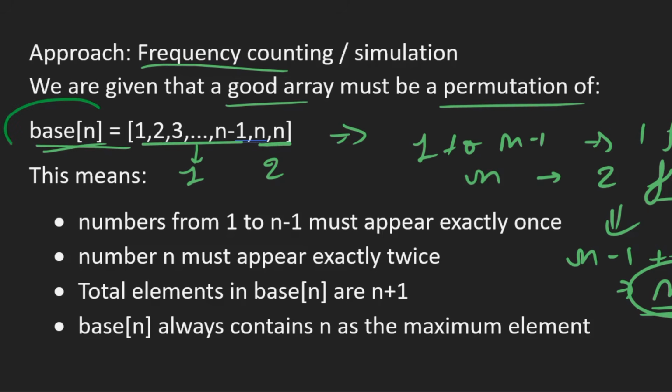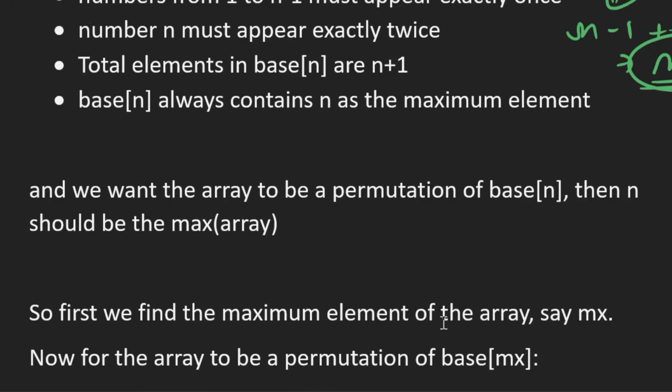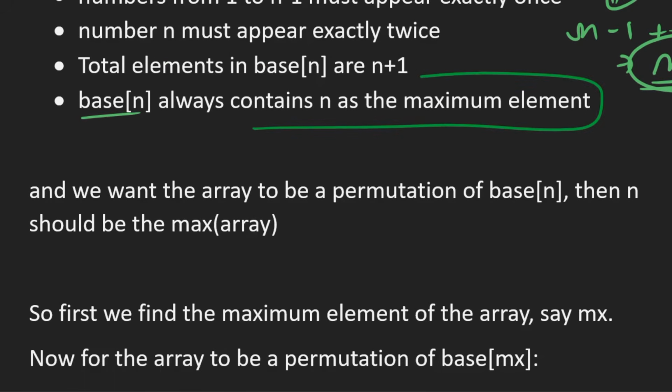And base of n has the maximum element as n, so n is the maximum element in base of n, right? Using this property, we want our array to be a permutation of base of n.